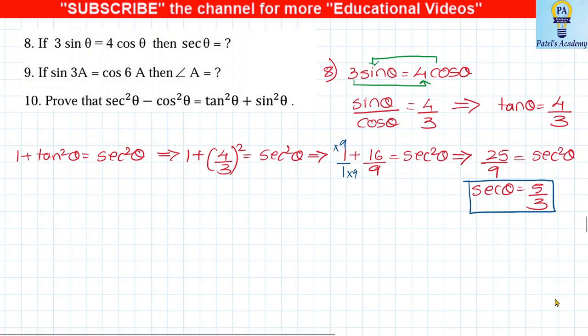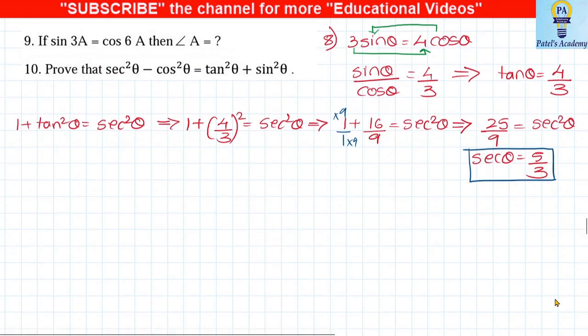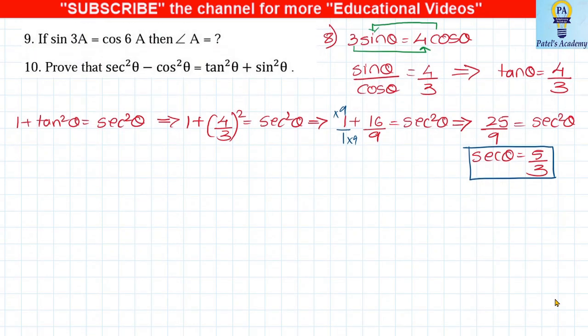So we are using a trigonometric identity over here. Let's see the ninth sum. It is given sine 3a equals cos 6a, then what is the value of a? Here again we are using the complementary relation.